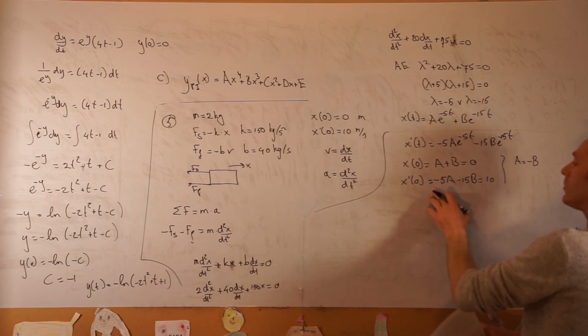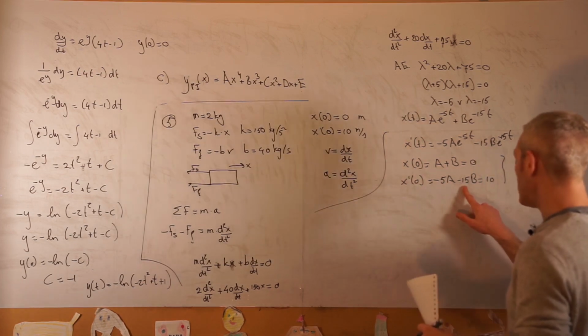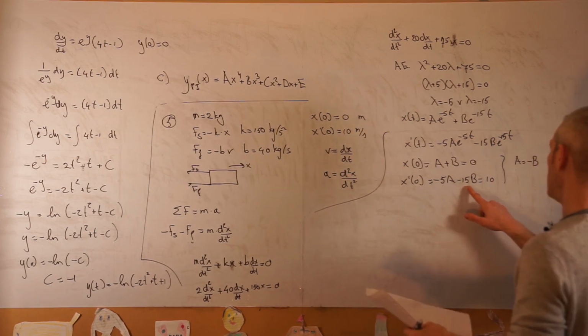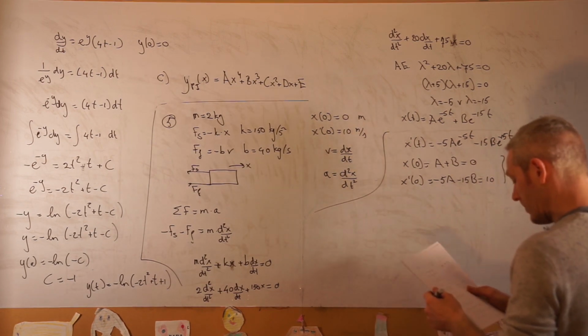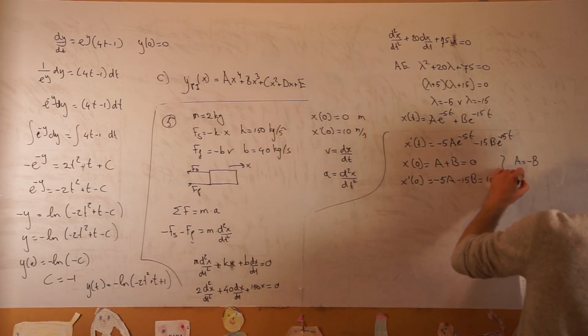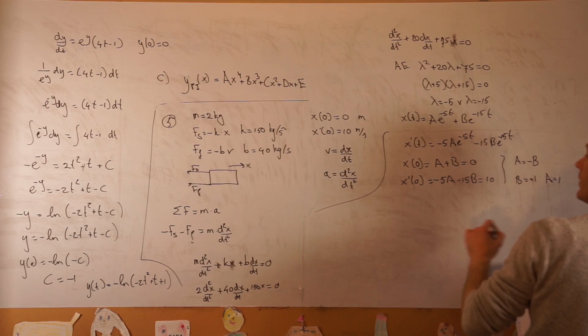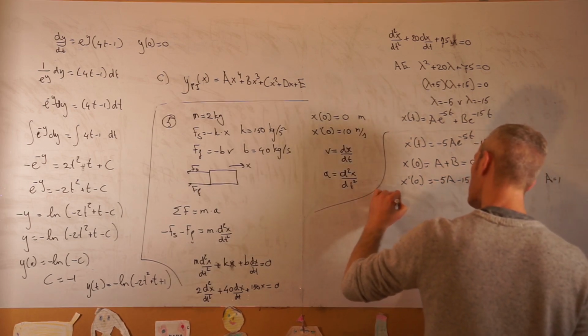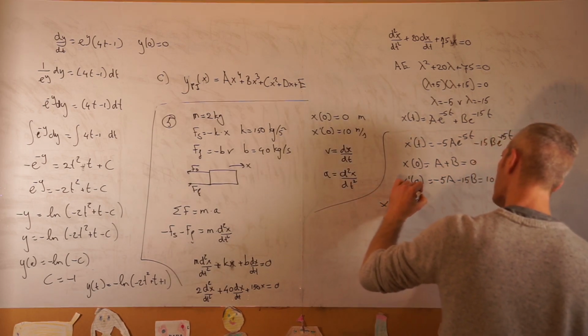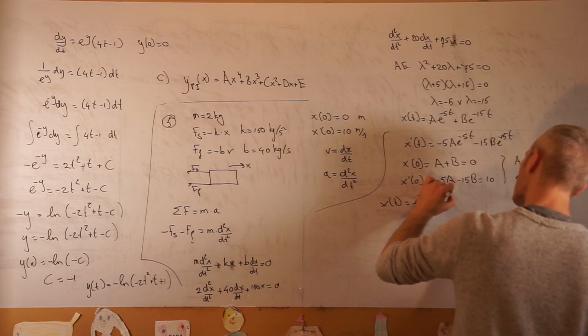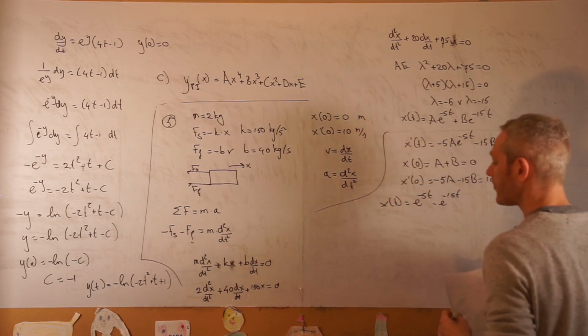Minus 5a is equal to 5b, minus 15b, so that's minus 10b is equal to 10, so b is equal to minus 1. So a is equal to 1, and our particular solution is equal to e to the power of minus 5t minus e to the power of minus 15t.